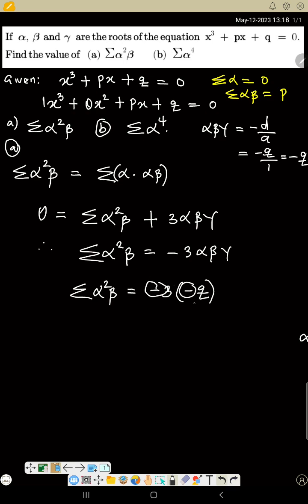So minus times minus is plus. So summation alpha square beta is equal to 3q. Answer. So that means the correct answer is 3q. That is it for that question.